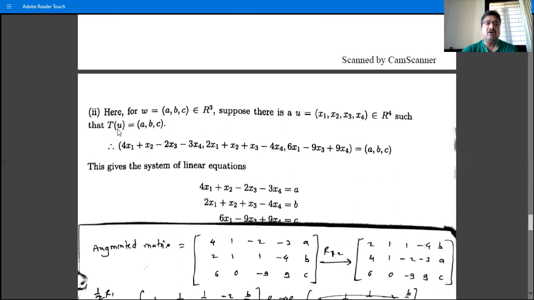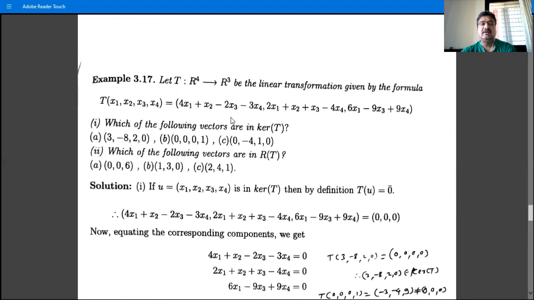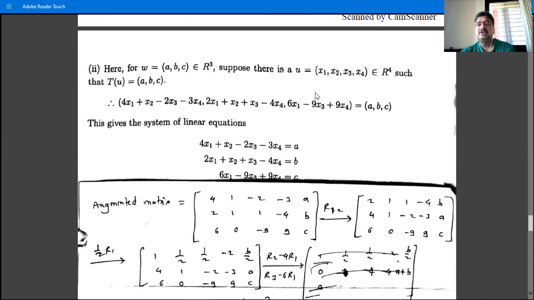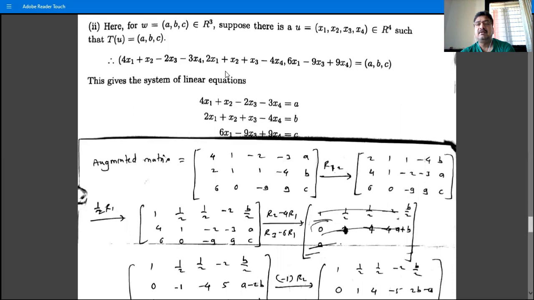So what is T of U? T of (x1, x2, x3, x4) is this. From the definition, this value is equal to (a, b, c). Then we have a system by comparing the LHS and RHS.